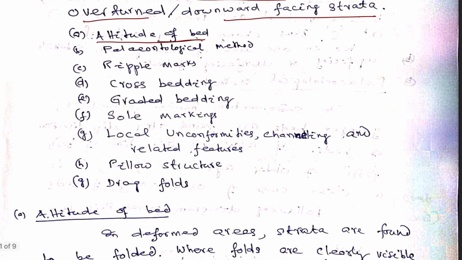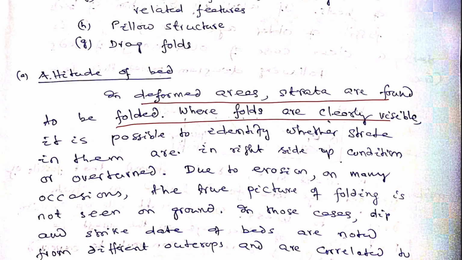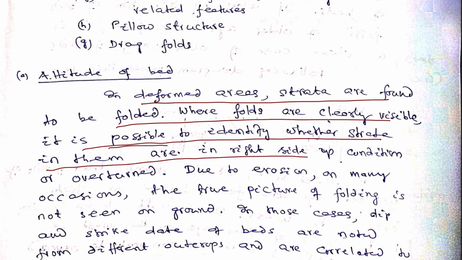By taking into account the attitude of bed, it is possible to find out the major structure, and on the basis of the major structure, we will be able to say the right side up or overturning of the beds. In different areas, strata are found to be folded. Where folds are clearly visible, it is possible to identify whether the strata in them are right side up or overturned.